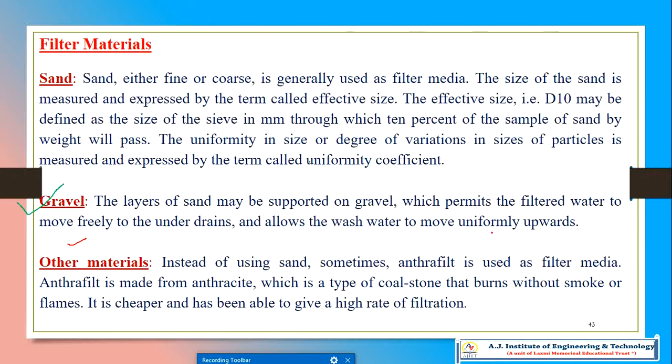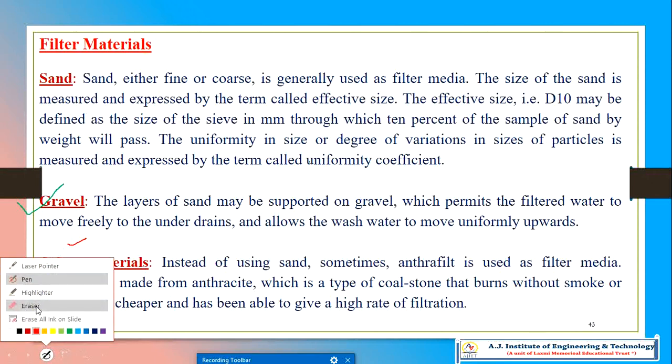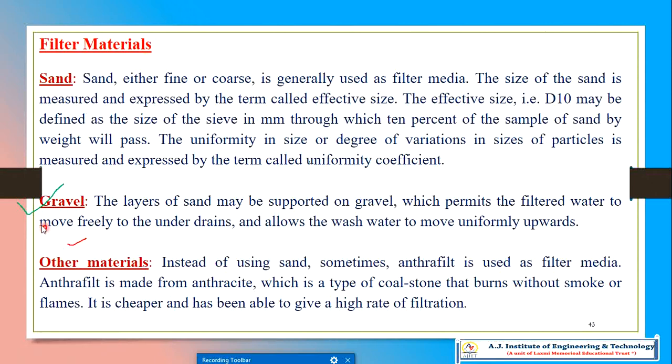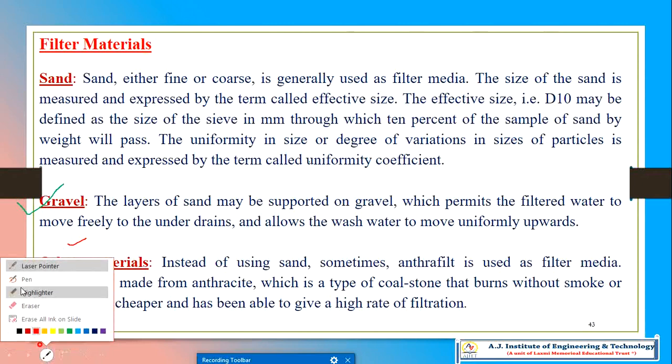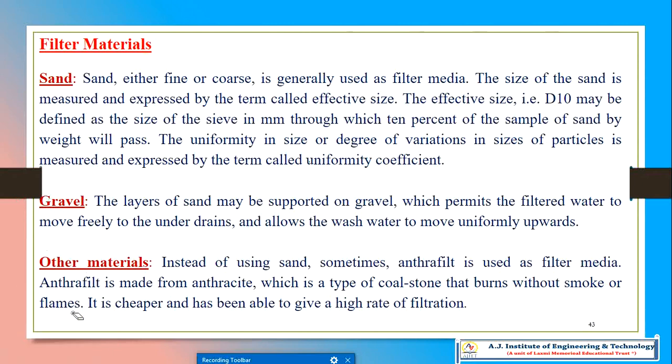See how nicely it works: once the water has passed through the bed of sand, the gravel makes it easier to pass the water through, and also permits uniform upward flow of water while backwashing. That is the major duty of the gravel.